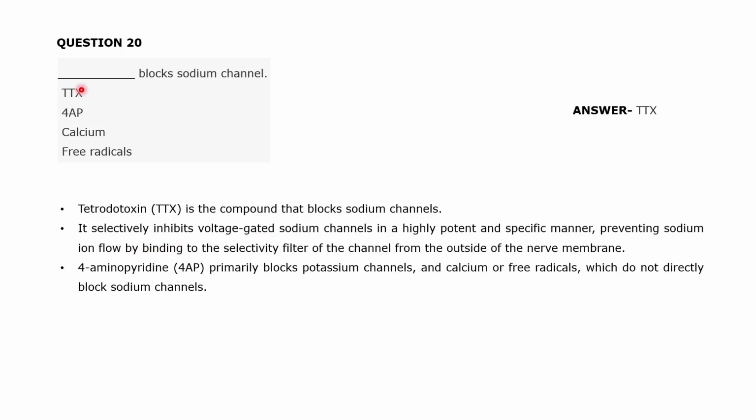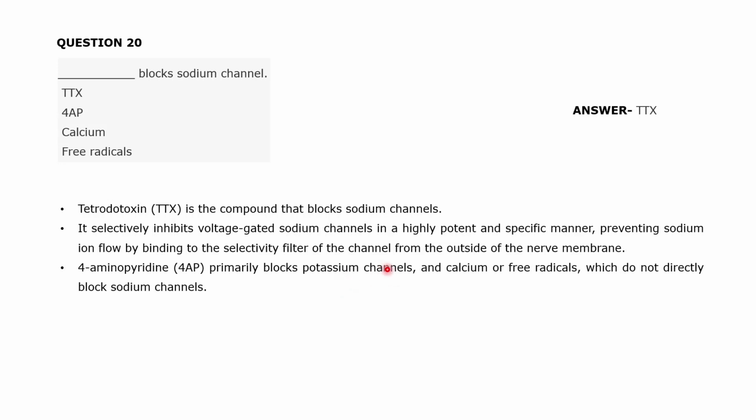And if you look into the other options, 4AP or 4-aminopyridine blocks potassium channels, not sodium channels. If potassium channels are blocked in the presence of 4-aminopyridine, repolarization doesn't happen, right? Potassium won't move out into the extracellular environment of the cell.